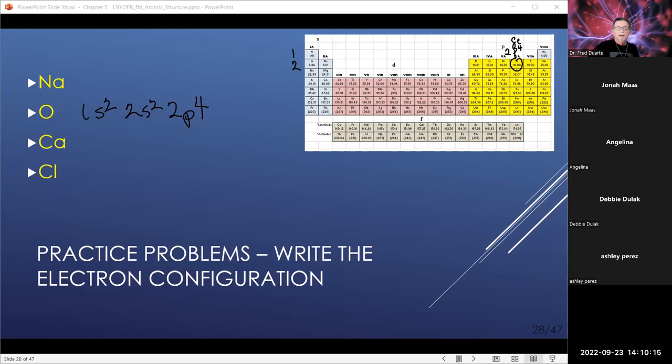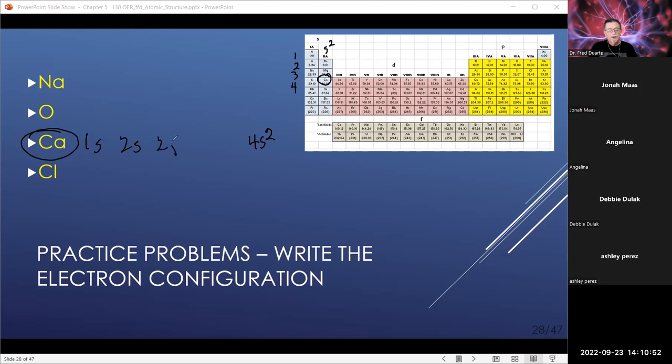All right, let's do one more. We're going to do all of them. Here's calcium. Calcium is right there. Calcium is in the 1, 2, 3, 4th energy level. Second of all, it's in the S2 block of the 4th energy level, so we can quickly write the outermost layer as 4s2. The 1st, 2nd, and 3rd energy levels are full, so we have 1s, 2s, 2p, 3s, 3p.